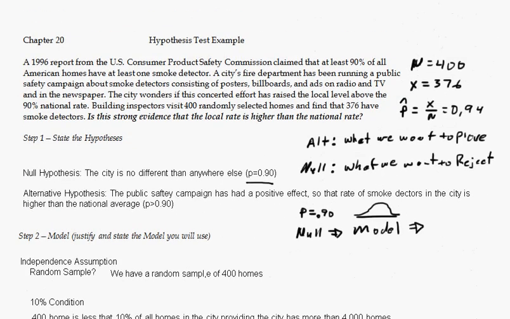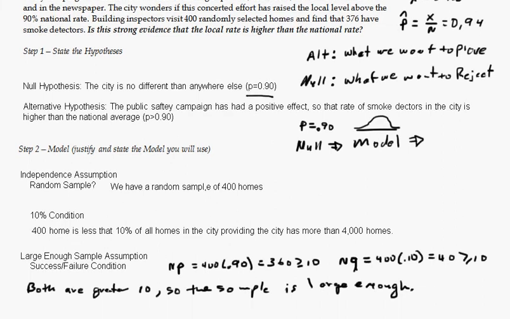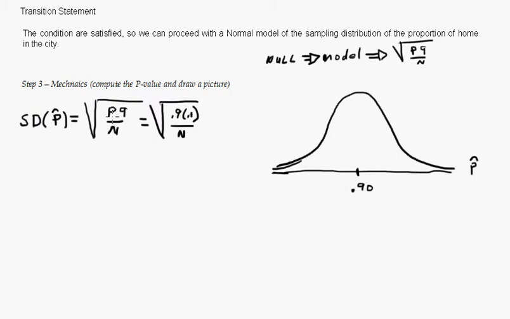Sometimes some texts will put a little 0 on p, and then they will actually put a 0 here and a 0 here to remind you that we're going to use the hypothesized values. Okay, so what I get is 0.015.